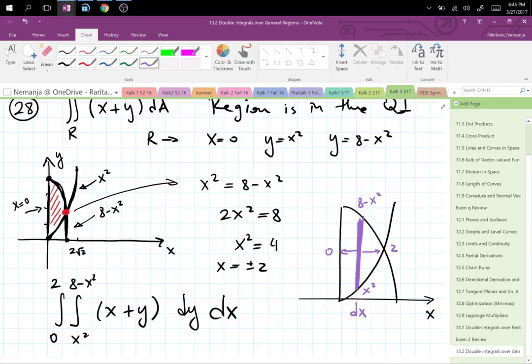That's your upper limit on dy. So I hope you see that dx is the swipe left and right, and dy is how this one varies up and down between those two functions, which are squeezing from the y direction. So you have a vertical bounding on the rectangle, and then it moves left and right between 0 and 2.